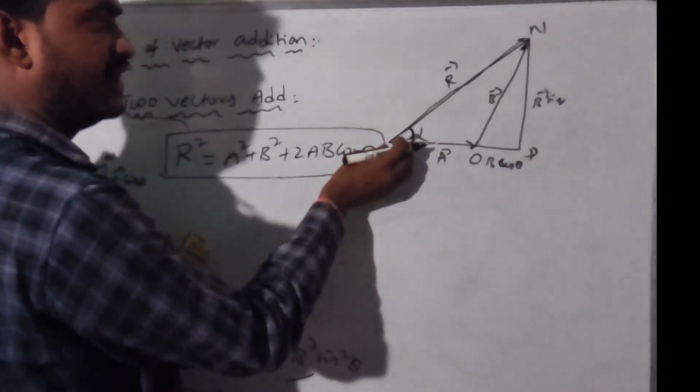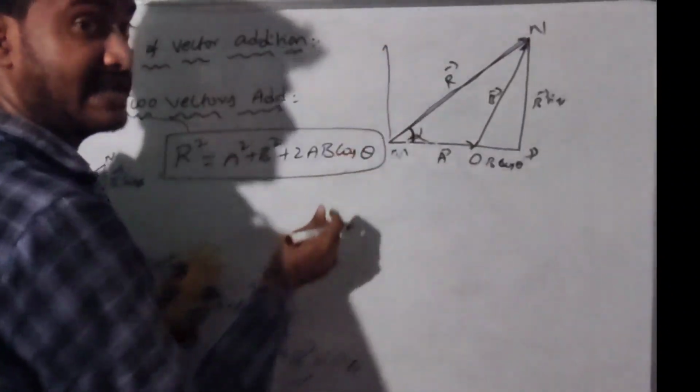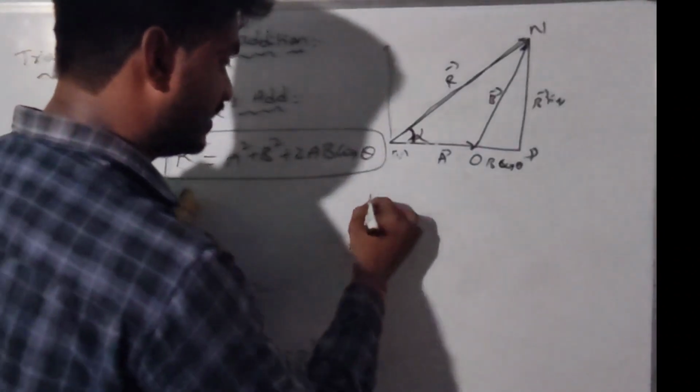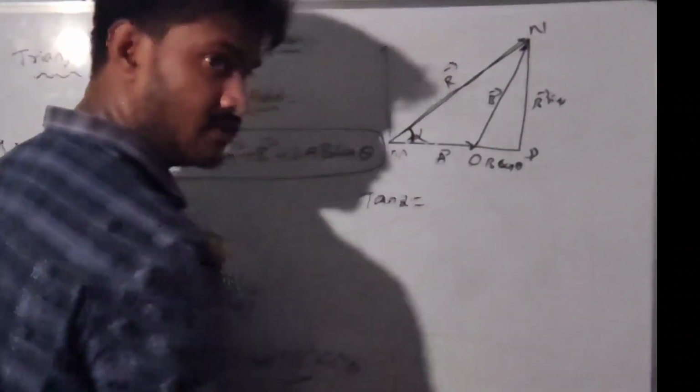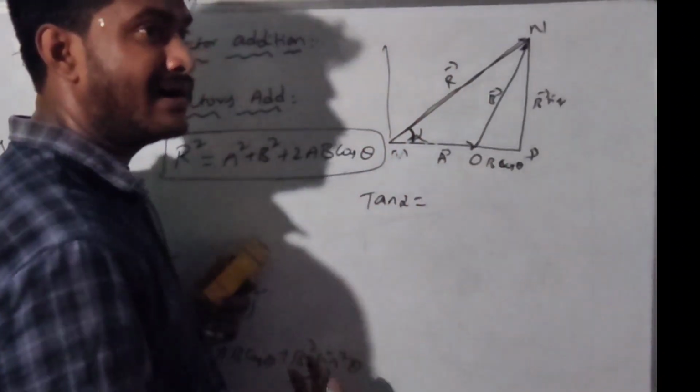Whenever we find the resultant between the x-axis and y-axis, the resultant gives tan. Tan alpha is equal to opposite by adjacent.